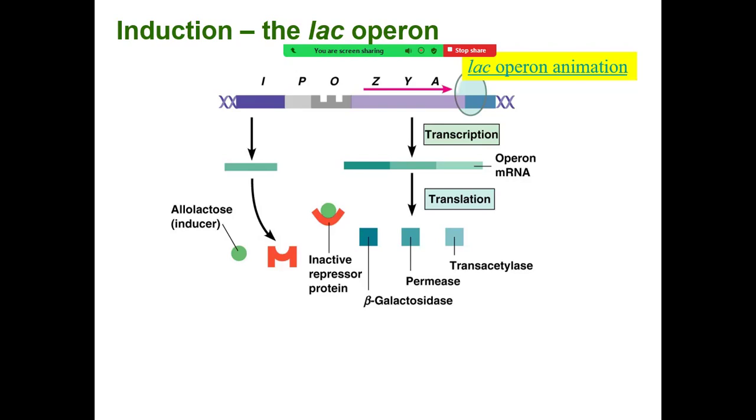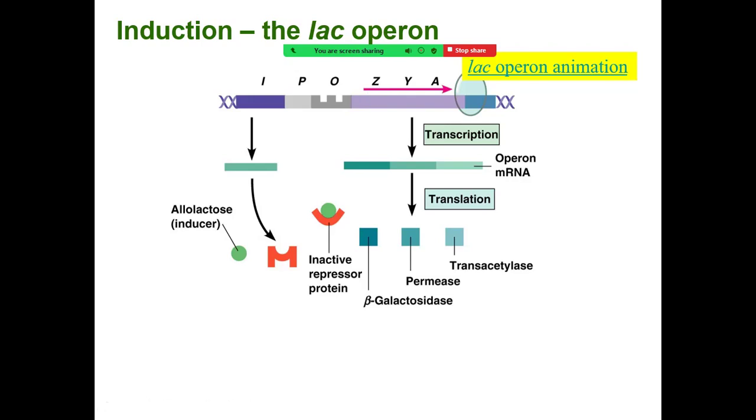It will prevent the repressor protein from binding to the operator. And if it's already bound to the operator, sooner or later it'll fall off, and then it'll bind to the inducer, and there will be no active repressor protein capable of binding to the operator. And then when the RNA polymerase binds to the promoter, it'll move down and transcribe the Z gene, the lactase enzyme.